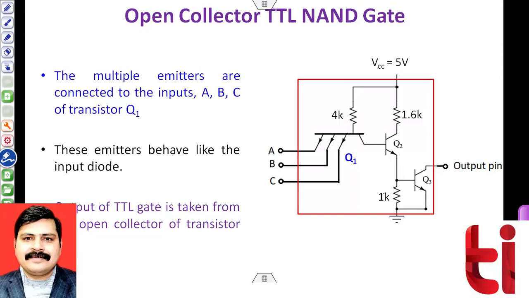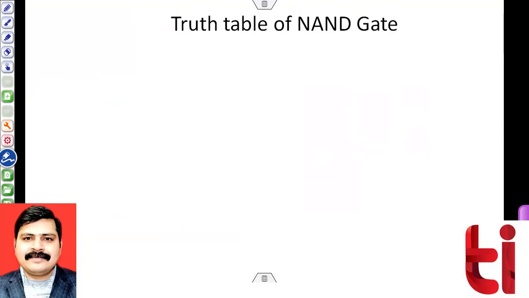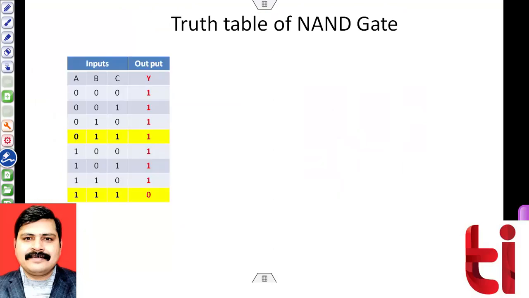So for better understanding, let us draw the truth table of NAND gate. As in our example, we have taken the 3 inputs A, B, C. So let me draw the symbolical representation also. So for NAND gate with the 3 inputs, this is the symbolical representation, and I'm just marking the 3 inputs over here, input A, input B and input C, saying Y is the output.